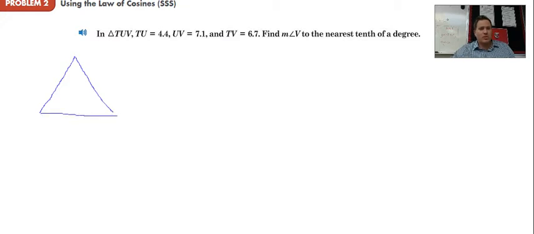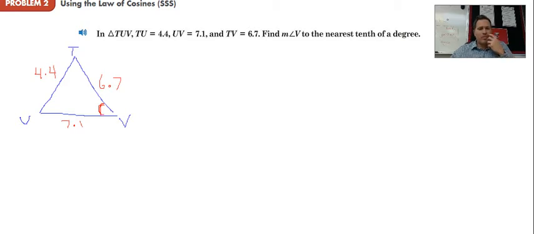So if this is T, this is U, and this is V, and it tells me that TU is 4.4, UV is 7.1, and TV is 6.7, and we are trying to find the angle V, so we're trying to figure out what this is right here. Even though we have different letters, it's the same process that we have.